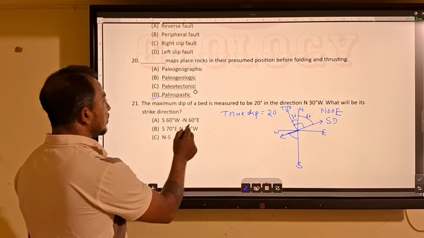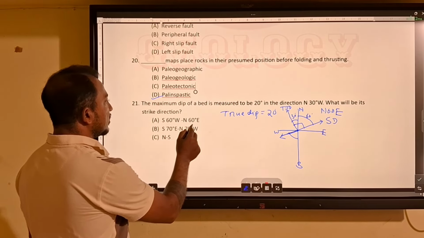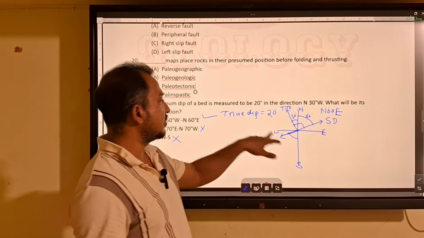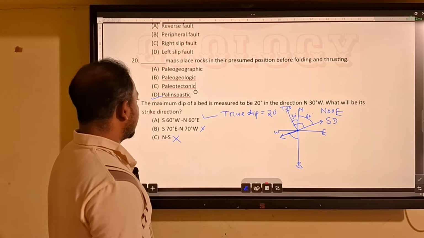South 60 degree west and north 60 degree east will be the correct answer. So the answer will be north 60 degree east and south 60 degree west.